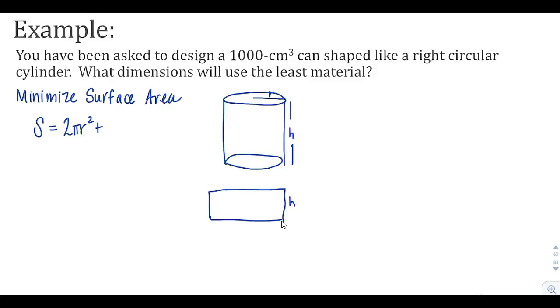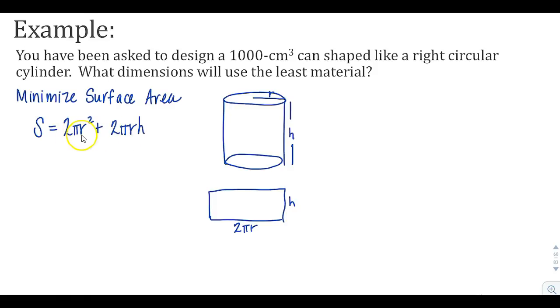And the circumference of a circle is 2 pi r. So that means that the surface area is 2 pi r h of the area around the side of the can. So plus 2 pi r h.